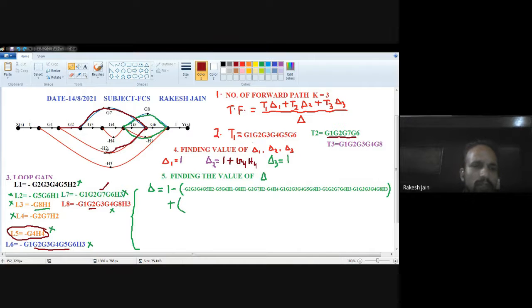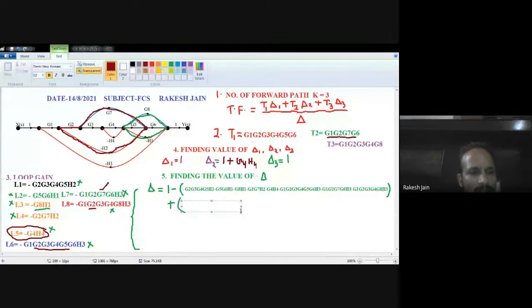Both loops are separated from each other; no node and no line is touching. So the third loop is G8 H1, and the fourth loop is G7 S2 G2.